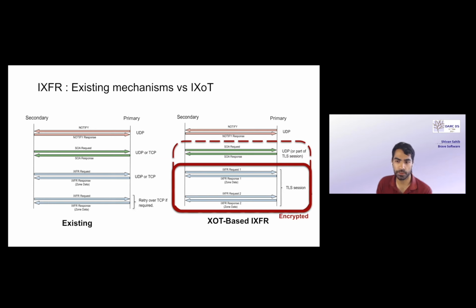We optionally also suggest that you can put the SOA request and response, but we did a threat analysis and we consider, for the purposes of this draft, that the really sensitive data is the zone data. So that's crucial, and optionally you can also add the SOA request and response.